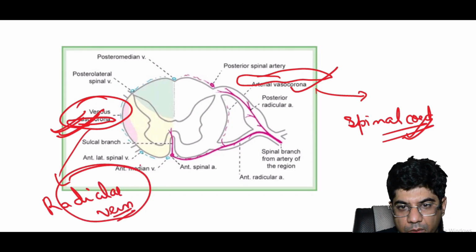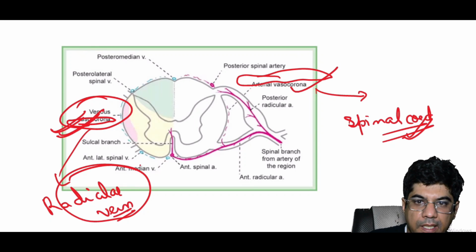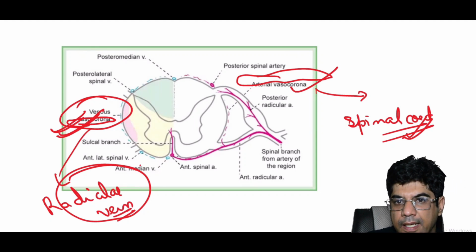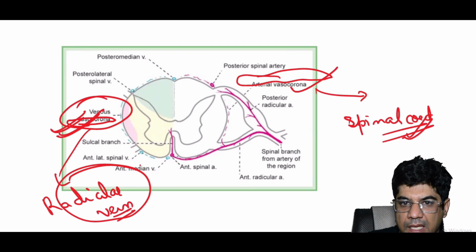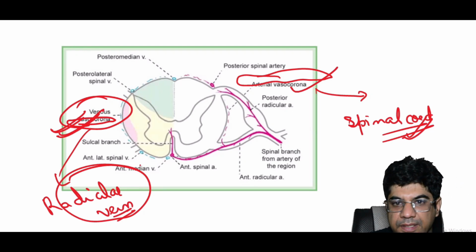So veins of the spinal cord are organized into 6 longitudinal channels that are interconnected by venous plexus that drain into the epidural plexus and then into the segmental veins.